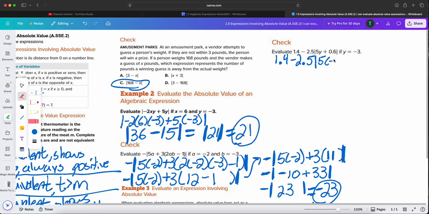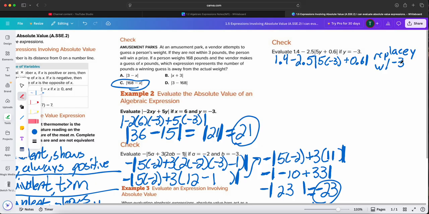Instead of y, we plug in negative 3. Then we have plus 0.6. If we justified here, this would be where we put replace y with negative 3, and that's because substitution allows us to do that.